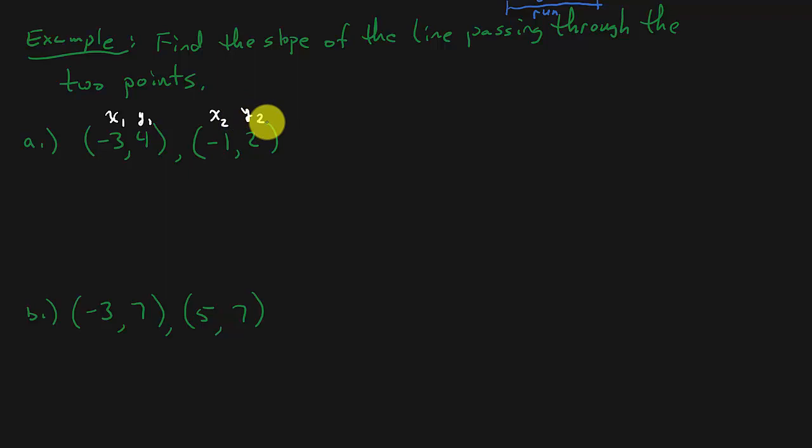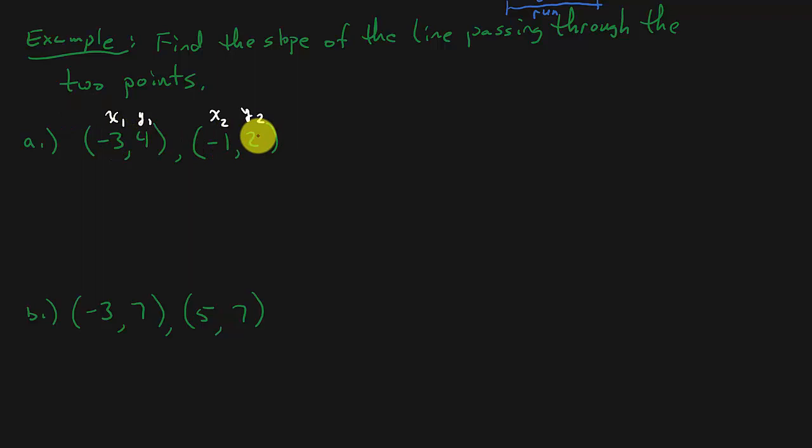Now, let me ask you this: should I have labeled this one x2, y2, and this one x1, y1? It doesn't matter. You can label them either way. It makes no difference.